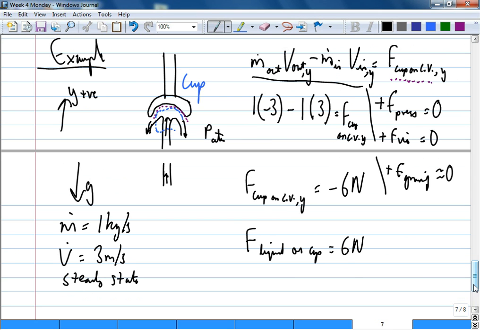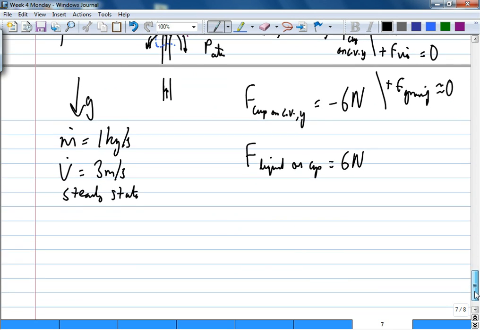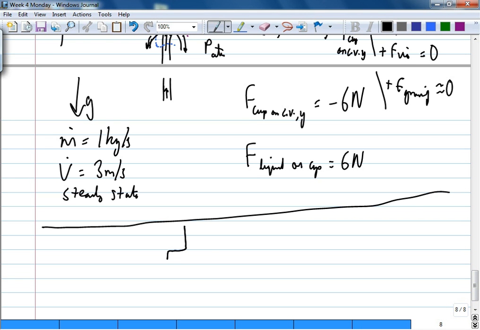Okay, so final one, we do the plate. So the liquid comes up and goes this way. I draw my control volume here.